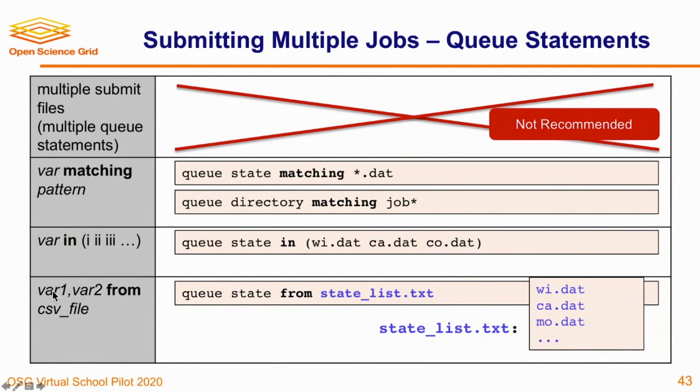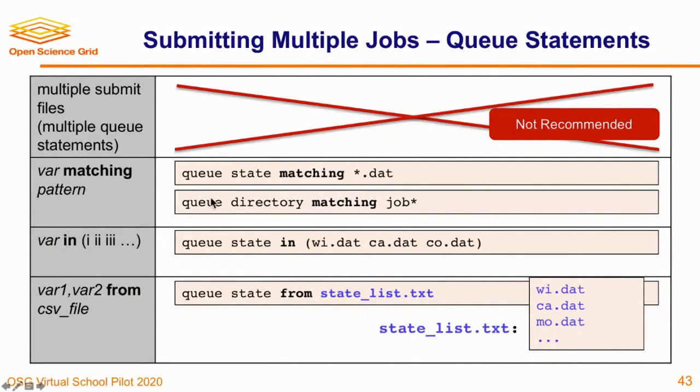There are 3 options of different queue statements that you can provide that will allow you to create and then reference your own variables. Just like we used cluster and process before, those are Condor's native variables, you can create your own variables and communicate to Condor what's different about each job based upon the values for those variables.